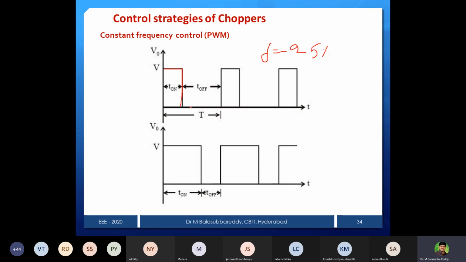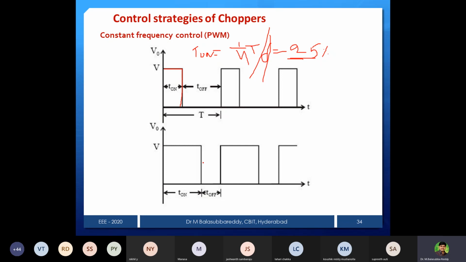Delta is 25% because the on duration is only 25% of the total time, 1 by 4th of T. So T on by T is equal to 1 by 4, which is 25%.